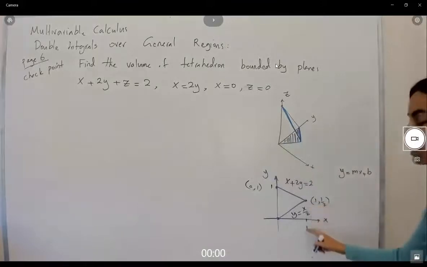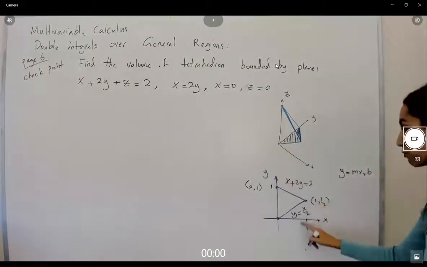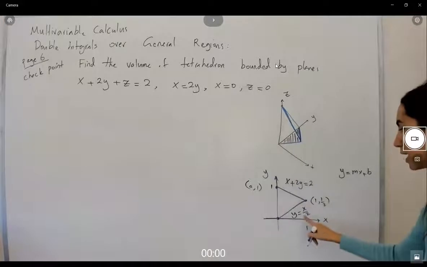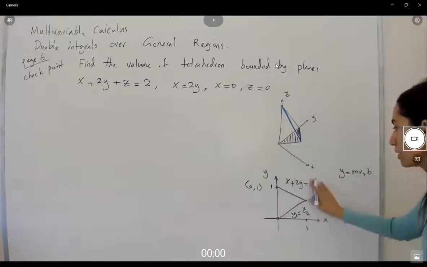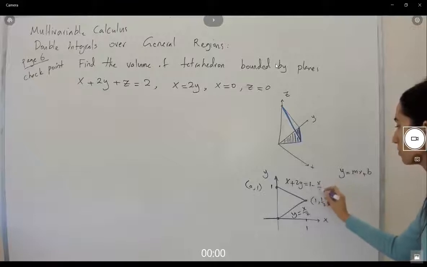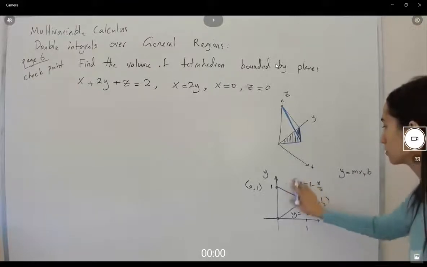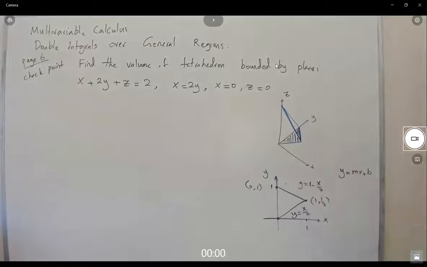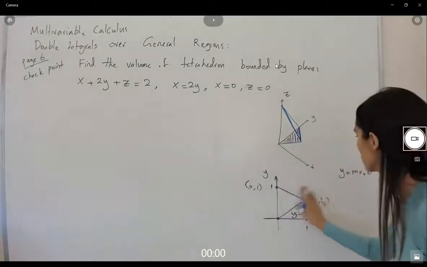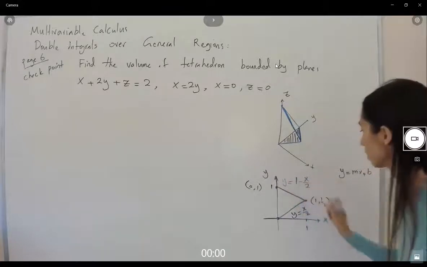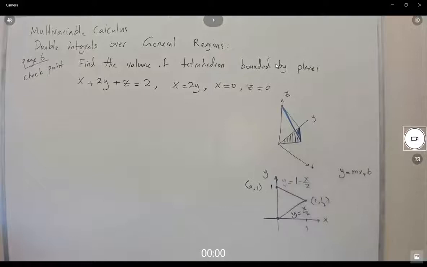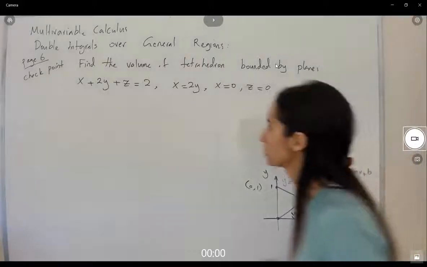So your x ranges between 0 and 1, and your y is bounded between x over 2 and 1 minus x over 2. Perfect. So let's set up the integral.